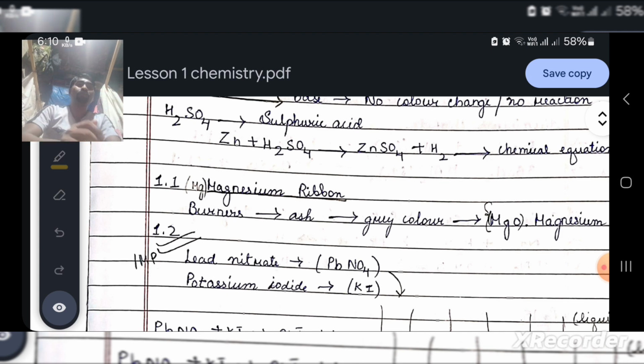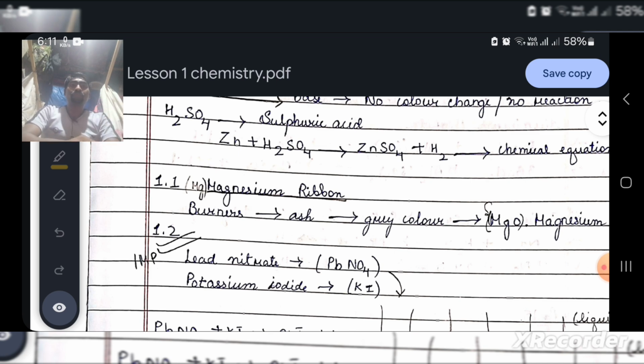Now coming to the magnesium ribbon. When we burn the ribbon, fire is on the ribbon. Now what is happening? The oxygen in the atmosphere around the fire on the magnesium ribbon is reacting with it, and it's burning. If there is no oxygen, the fire will shut down.